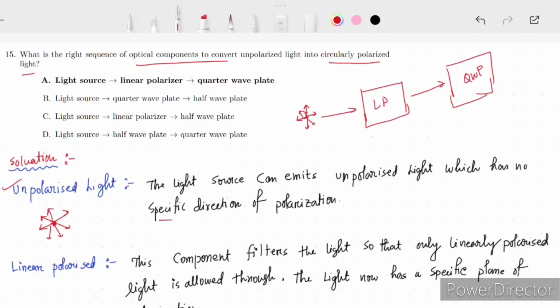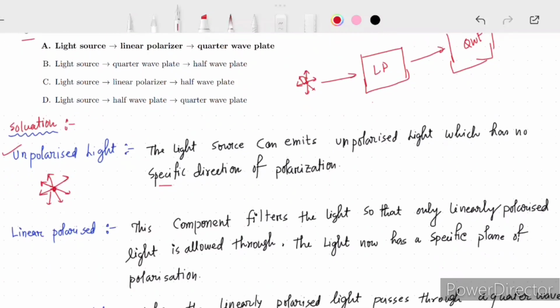We know the meaning of linear polarizer. A linear polarizer is a filter that only linearizes the light when it passes through.